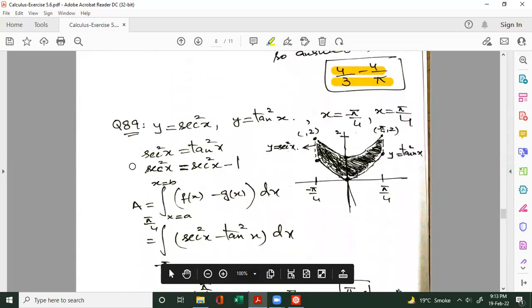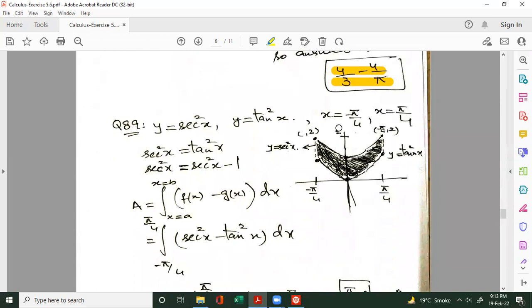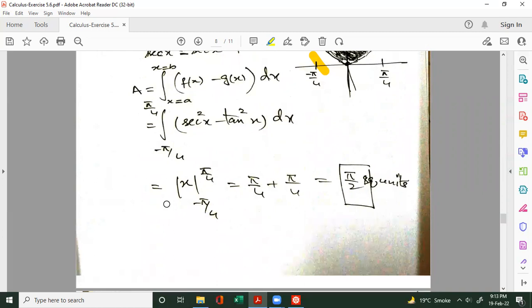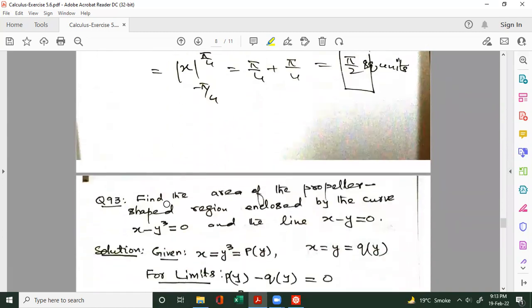Similarly, students, you solve question number 89. That is the rough area between the two curves secant square x and tangent square x. Hopefully I will also share the PDF slides with you so you can easily understand it.